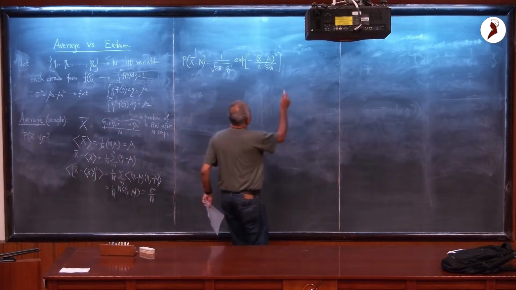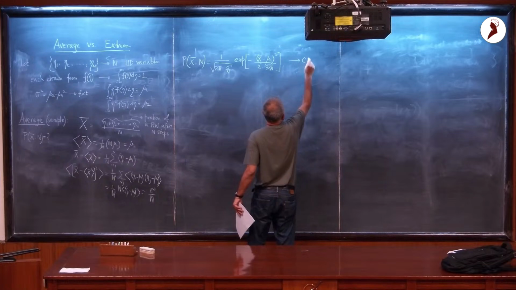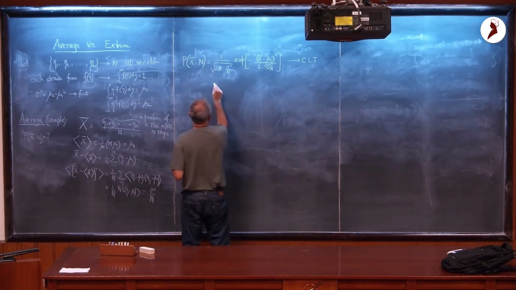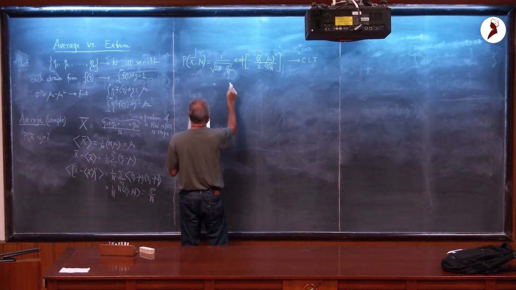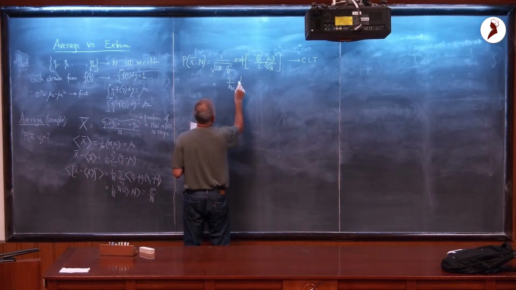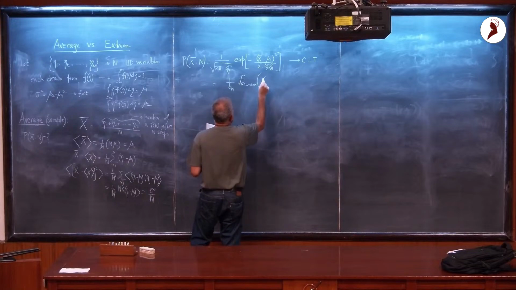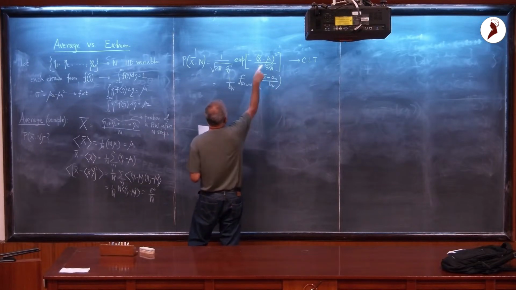So this is the central limit theorem, and you can see that you can write it this way, where you can read off an and bn.